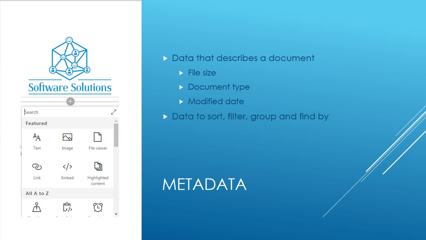This metadata is data that enables you, the user, to be able to sort, filter, group, and find documents by. And those are the main terms that we hear in SharePoint Online. And those terms are used to describe the anatomy and the architecture of SharePoint sites, collections, and objects.